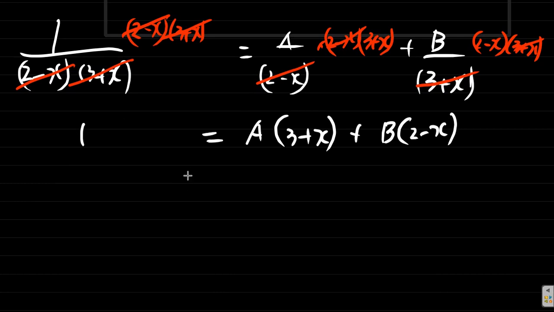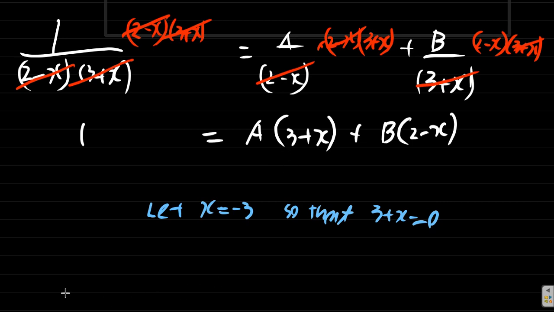So what would happen after this? You want 3 plus x to be 0, so that a is multiplied by 0. What would x have to be? You say, let x equal negative 3. Why? So that 3 plus x equals 0, and a would disappear.